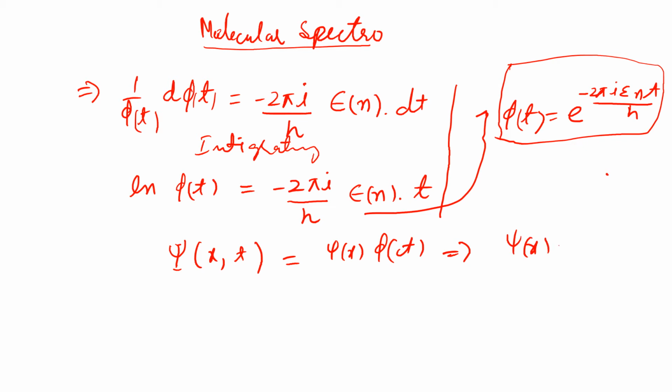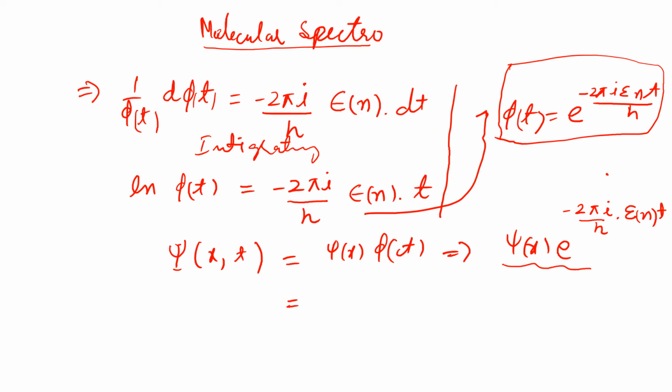Or we can say it is equal to psi x into e to the power minus 2 pi iota by h into E n t. So we have this type of equation.